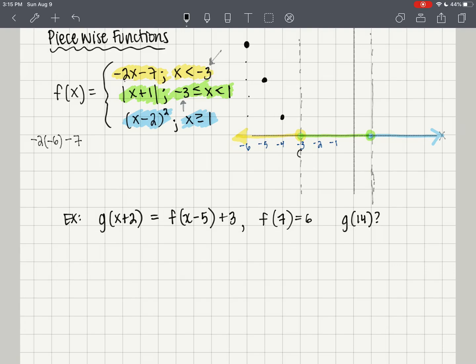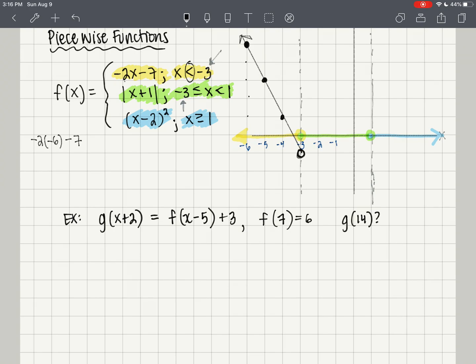Down 2, right 1. But when I put a negative 3 in, x does not equal negative 3. So it's going to be an open circle when x is negative 3, because it's going to go right up to that point, but not include it. So we've got one section done.